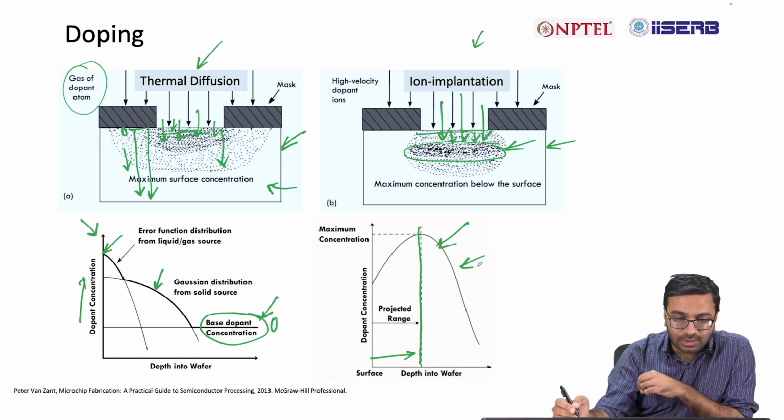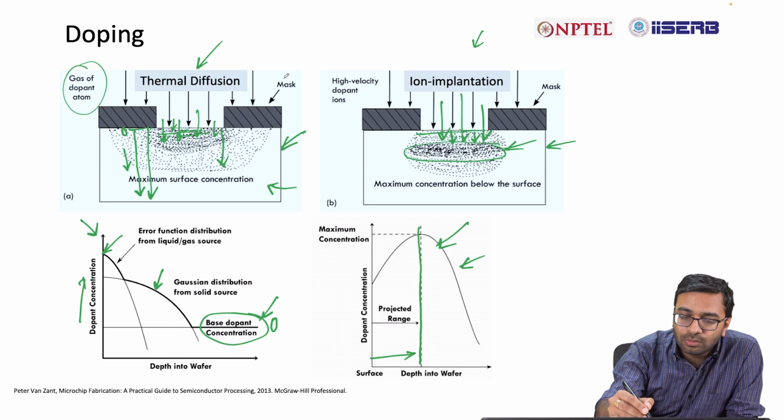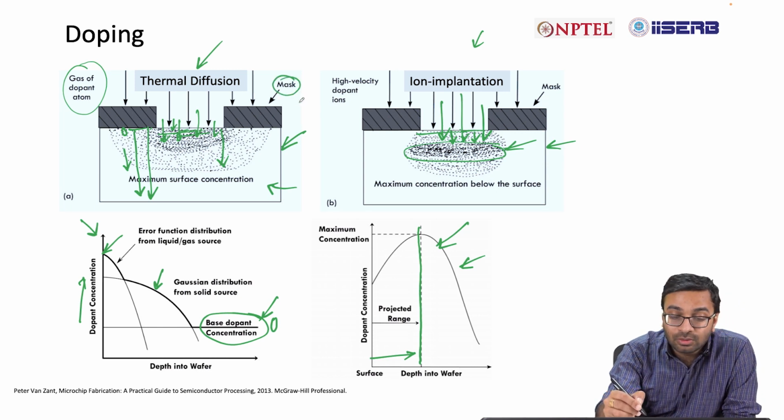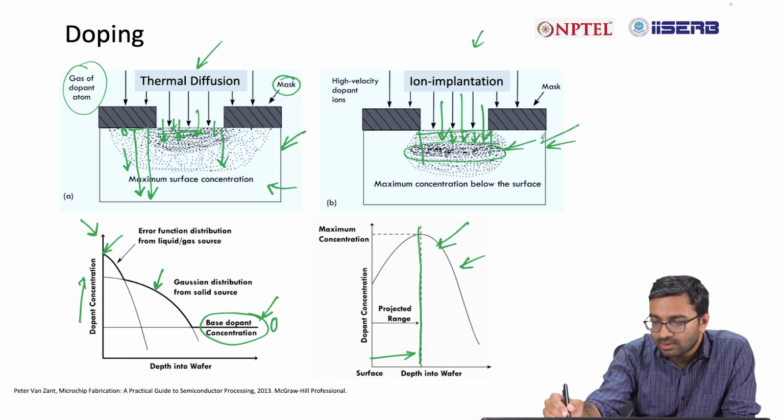ion implantation process. But in this case also, you can see that if you want to dope a specific area of the semiconductor, you should use a mask, so that the material is diffused or implanted in a particular region, not throughout the substrate.